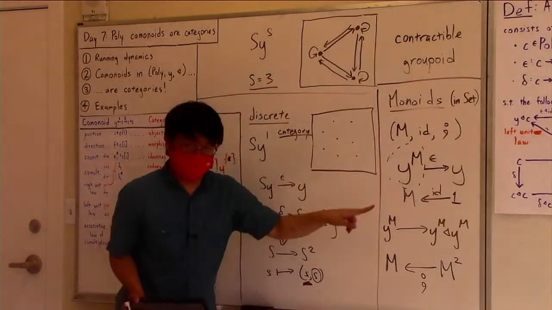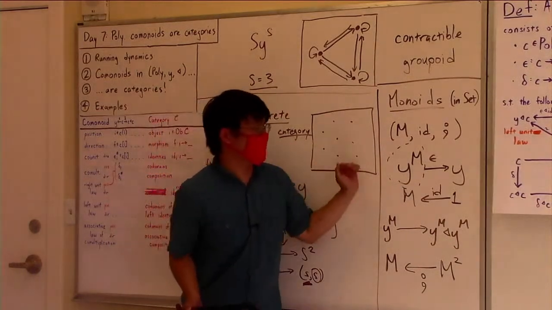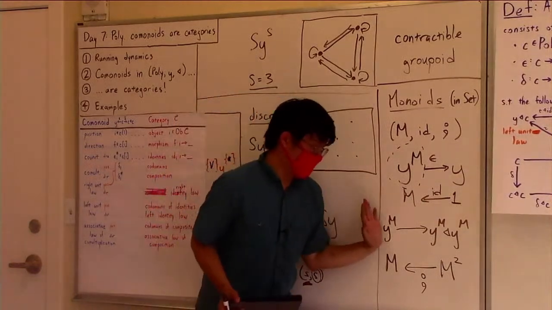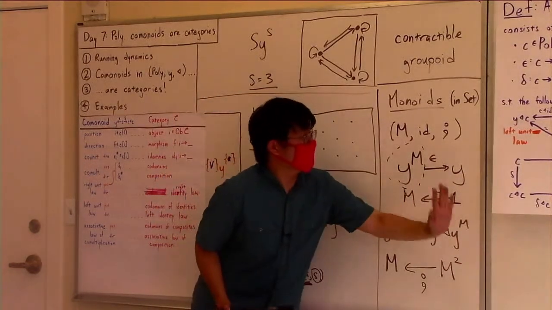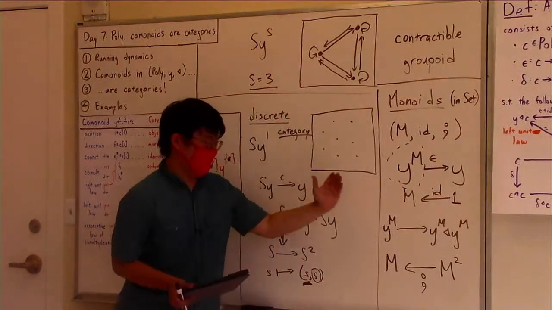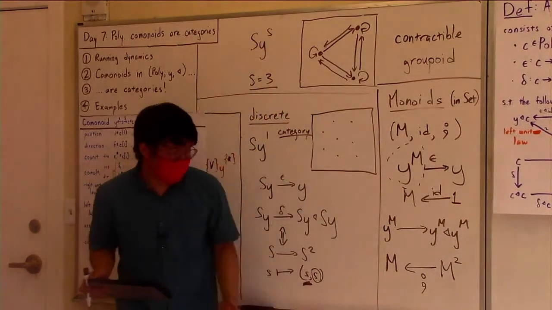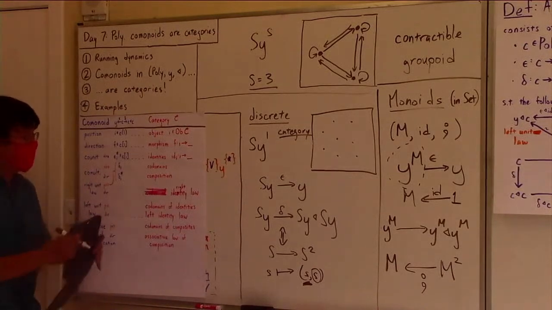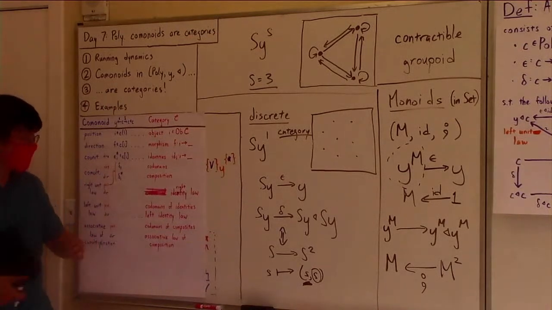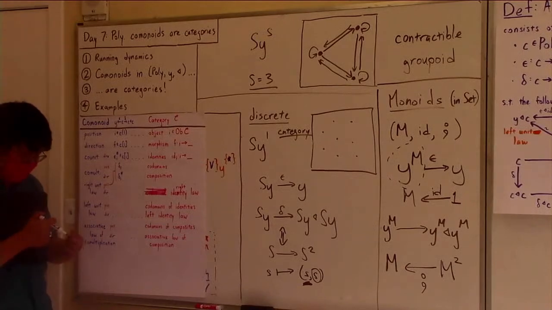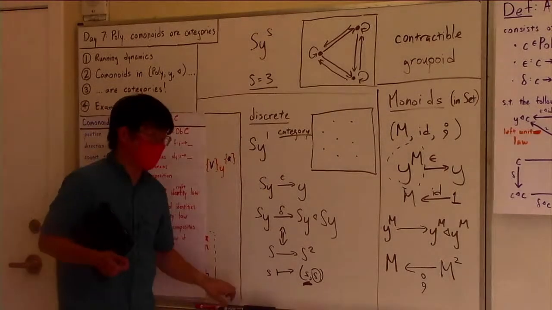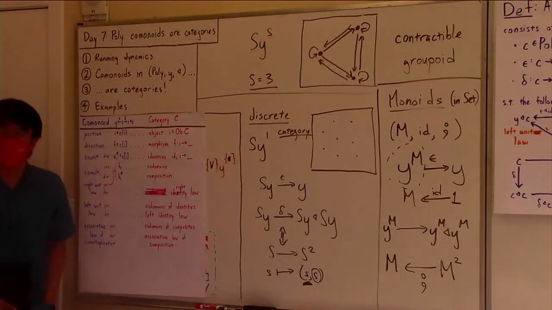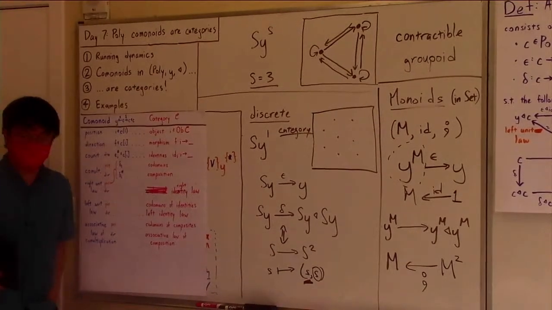At least that's what the carrier tells you. You need to know what the co-unit does to find the identities, and you need to know what the co-multiplication does to know how morphisms compose and codomains. But you can create any category like this, and any comonoid is going to give you one of these categories up to isomorphism, and that is it for today.